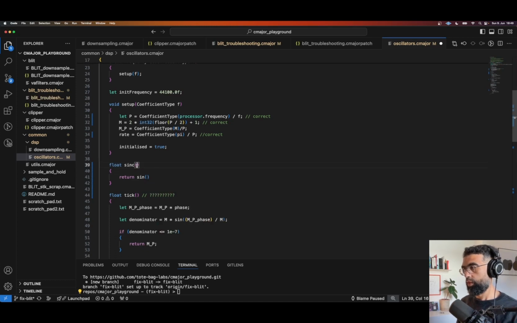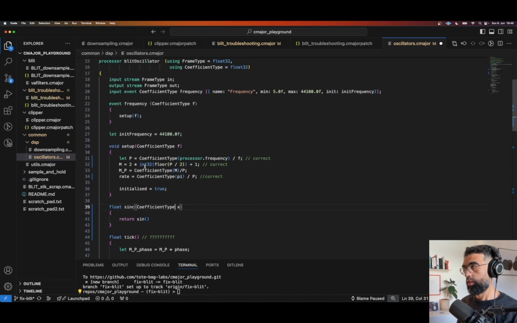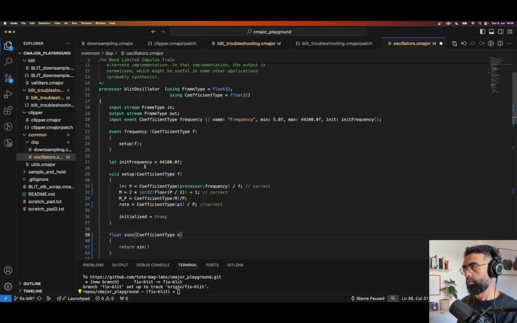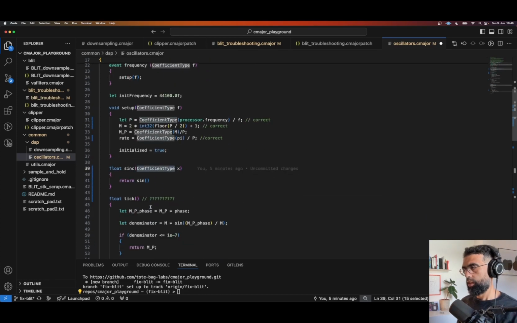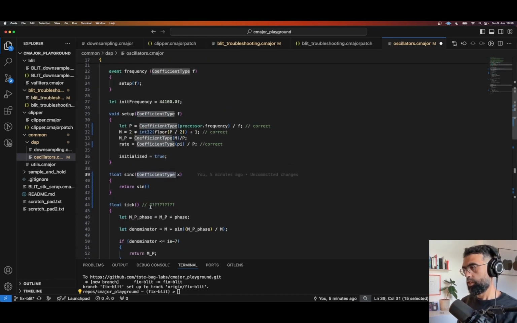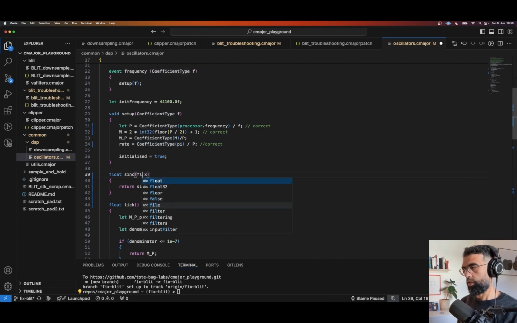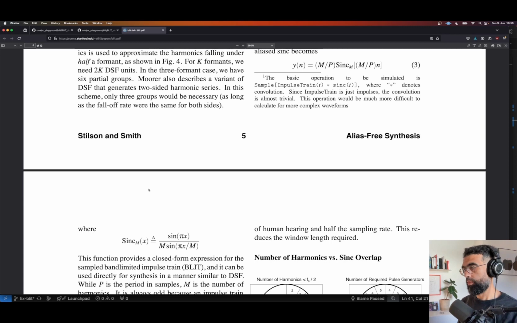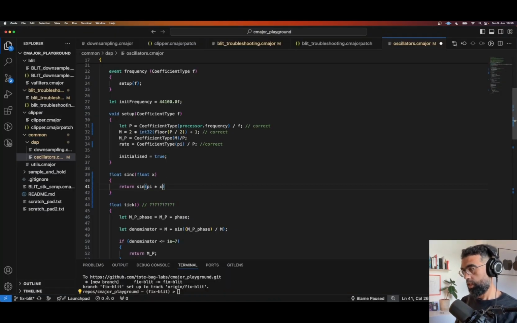Oh, we actually do need x, or I guess coefficient type x. Actually, I'm going to see if I just can get away with float. Right, return sine of x, no, let's see, pi times x.